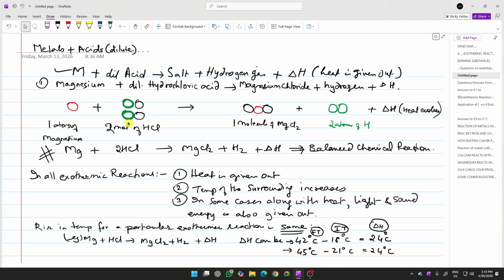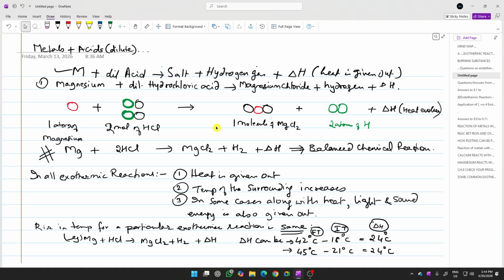So this is hydrogen chloride, or hydrochloric acid, shown by two green circles and two black circles attached together. Magnesium chloride consists of one magnesium atom and two chlorine atoms. In the center you can see a red circle indicating one magnesium atom, and two black circles indicating two chlorine atoms. And you can see the two hydrogen atoms, green circles, are also shown over here.